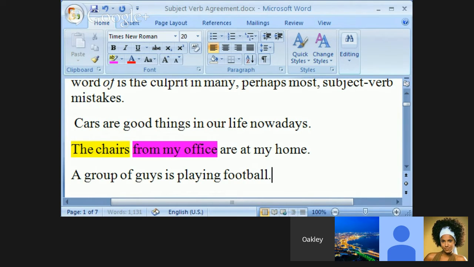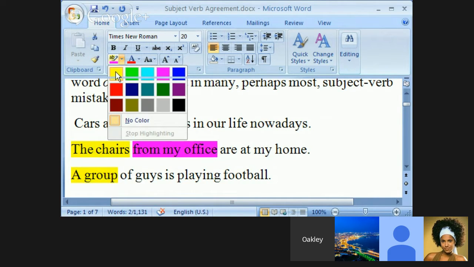All right. Now this is one that most ESL students, English second language students, would mess up. And in fact, I would say half of the native speakers of English would mess this up. All right? Very good. Here, a group is the actual subject.